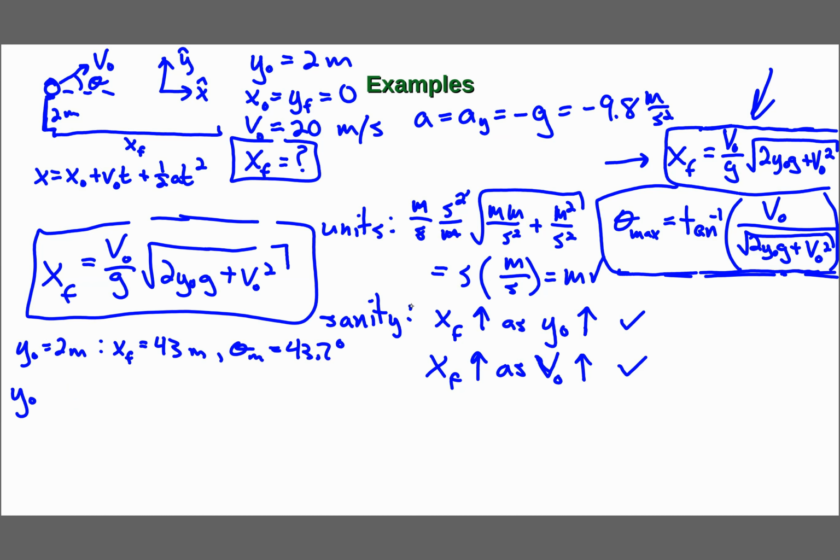So when y naught equals 5 meters, then our maximum throwing distance, let's call these xm instead of xf, is 45.5 meters.